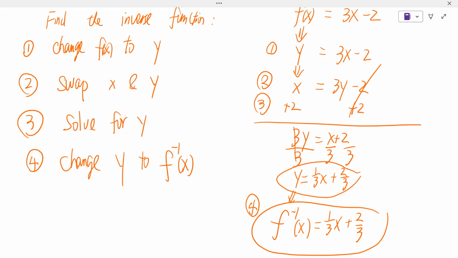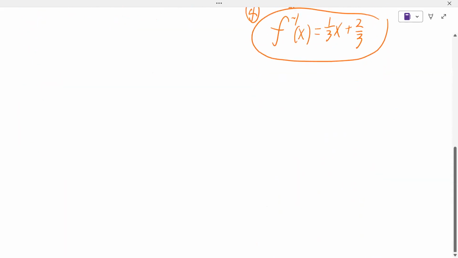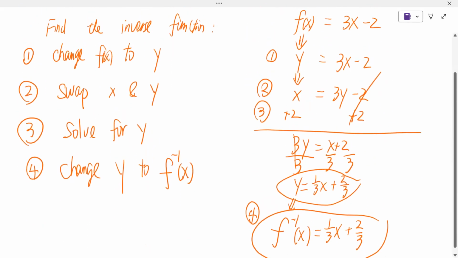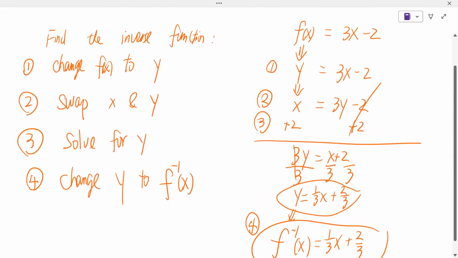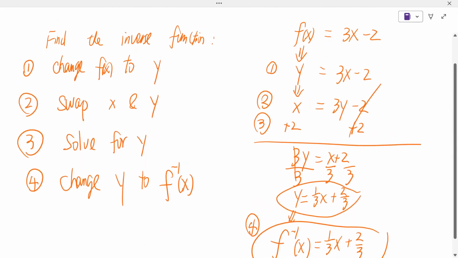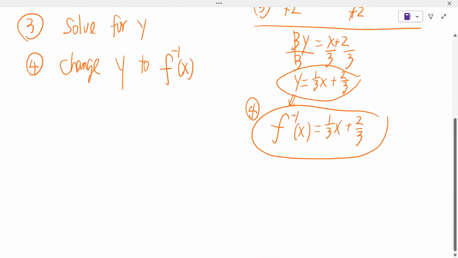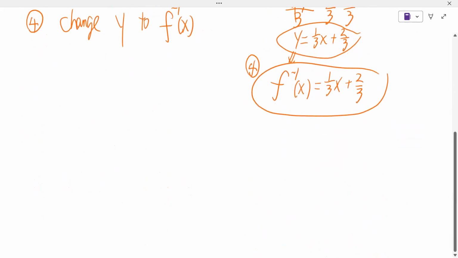As I mentioned, any question about this? Okay, now I'm going to show you how to get the inverse function of an exponential function, right?